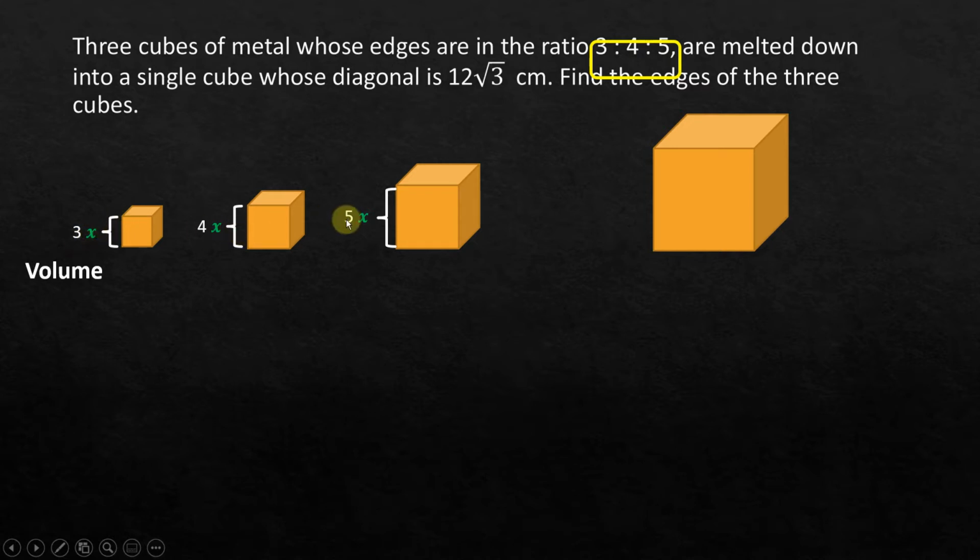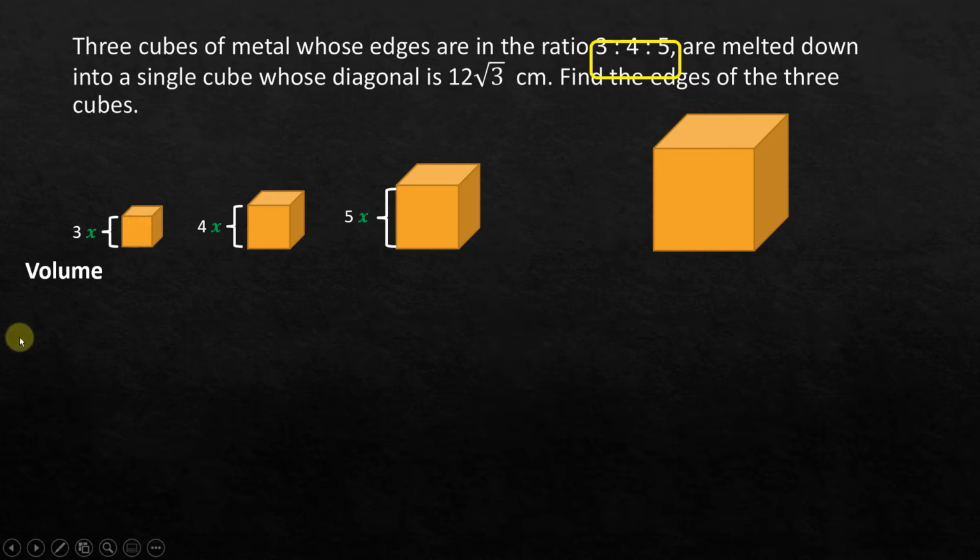We represent the actual values as 3x, 4x, and 5x, because 3:4:5 is the simplest form. So the actual values will be multiples of 3, 4, and 5. Let 3x, 4x, and 5x be the respective edges of the three cubes.